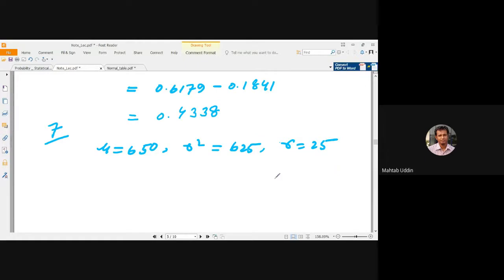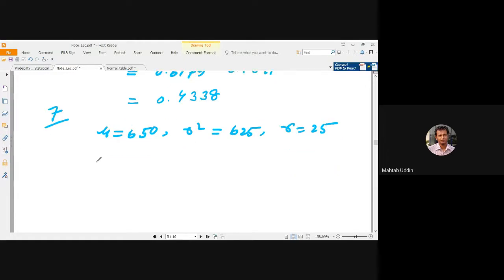So the first part is as usual, probability 600 less than or equal x less than or equal 660. Then we can subtract each part by 650 and divide by 25. We'll get minus 2 less than or equal z less than or equal 0.4.